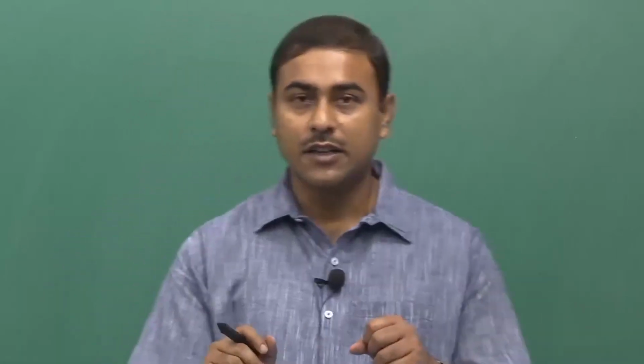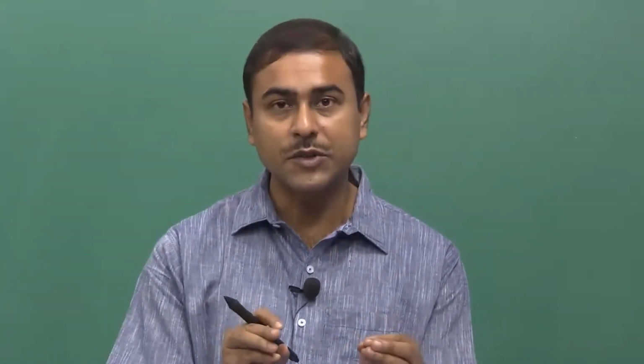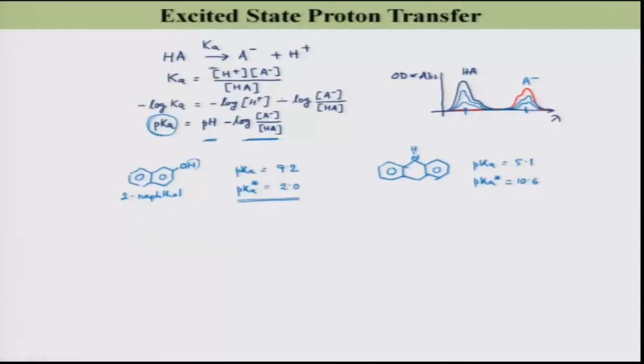then it is possible that if you have a base sitting next to this molecule HA in the ground state, the proton could not be transferred because it is not favorable from HA. Let me write this: HA plus B gives A minus plus BH plus.